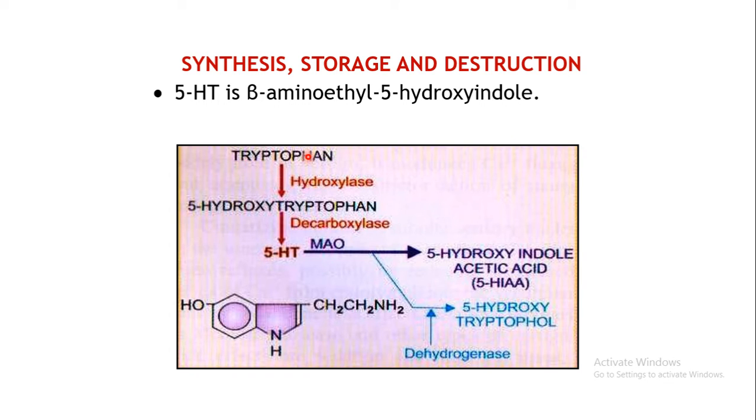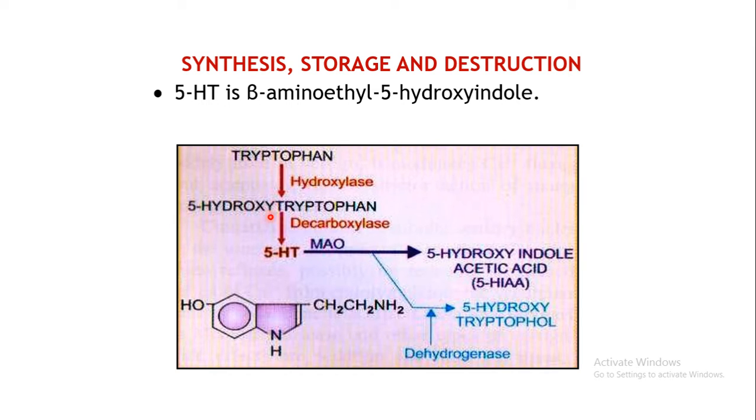So from this tryptophan, with the help of a two step reaction, 5-hydroxytryptamine is generated. Now this tryptophan is acted upon by hydroxylase, the enzyme which acts upon tryptophan, and this tryptophan gets converted into 5-hydroxytryptophan.